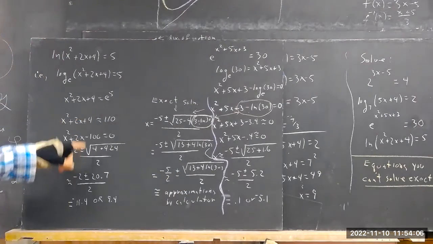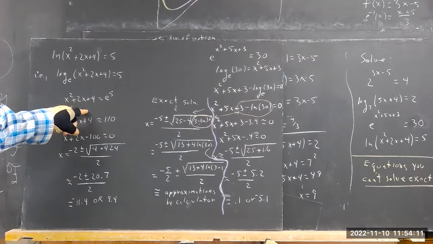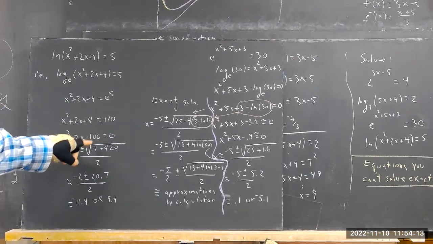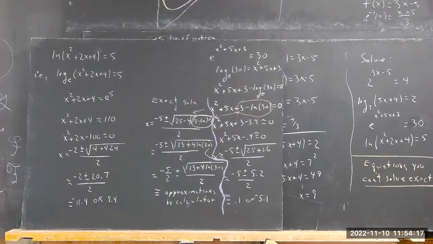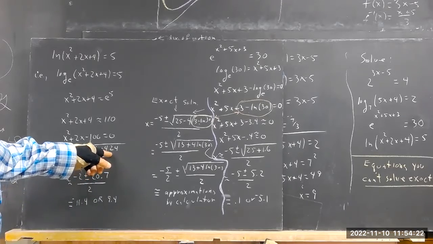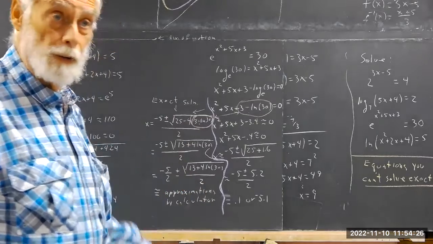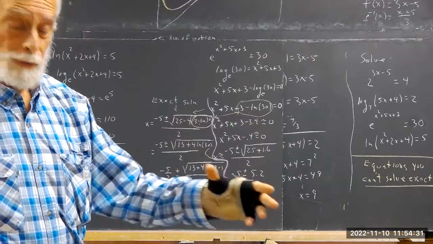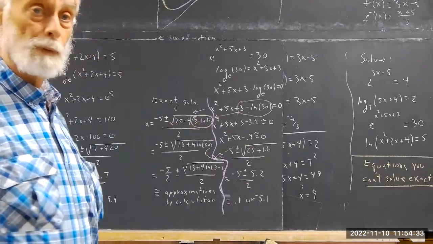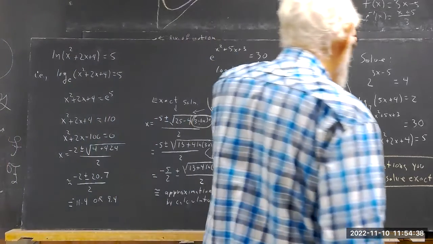I could have written out the exact solution here, but I'd have to use e to the fifth. I'd have 4 minus e to the fifth instead of 106. And that would have to go into the quadratic formula, just like the 3 minus the natural log of 30 would have to go in here to express an exact solution. You should be aware that sometimes you have to be able to do that. Now there are equations you can't solve exactly.